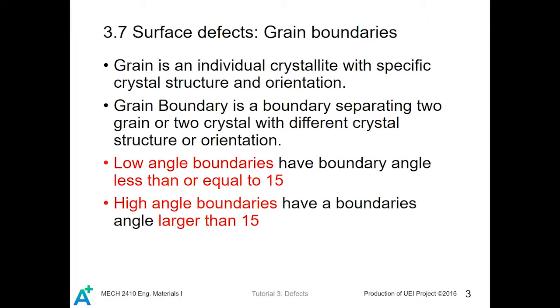If you still remember in part 1, there is a picture I introduced to you, in which I used grain boundary lines to represent small grains. Low angle boundaries have a boundary angle less than or equal to 15. High angle boundaries have a boundary angle larger than 15.